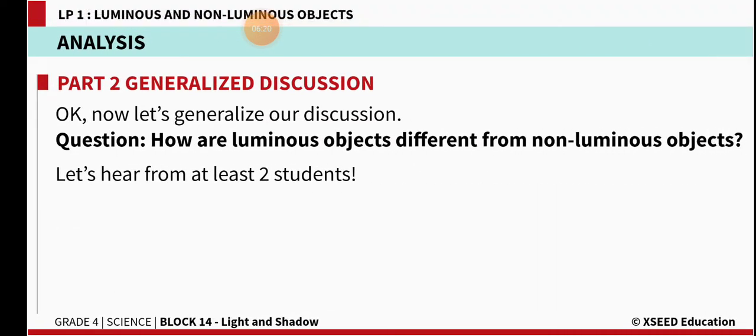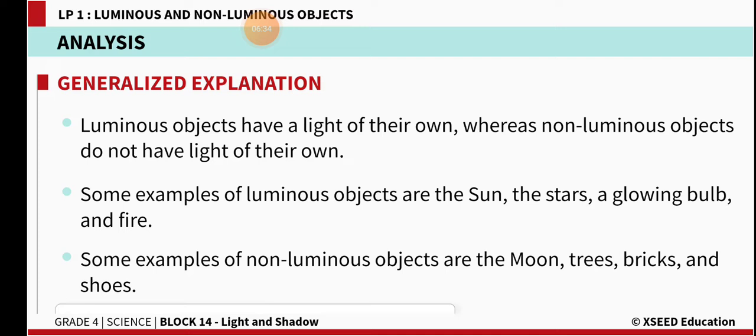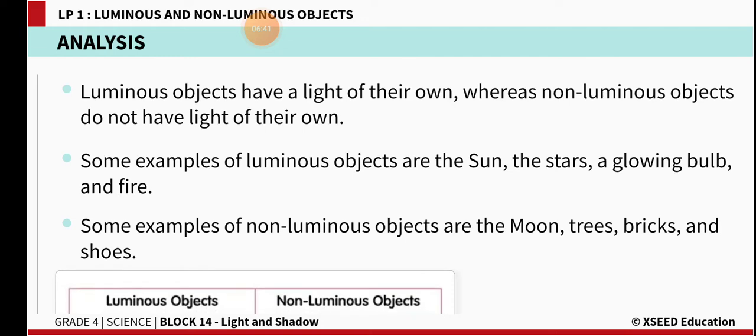Now, how are luminous objects different from non-luminous objects? Luminous objects give us light by their own, whereas non-luminous objects will not give us light by their own.